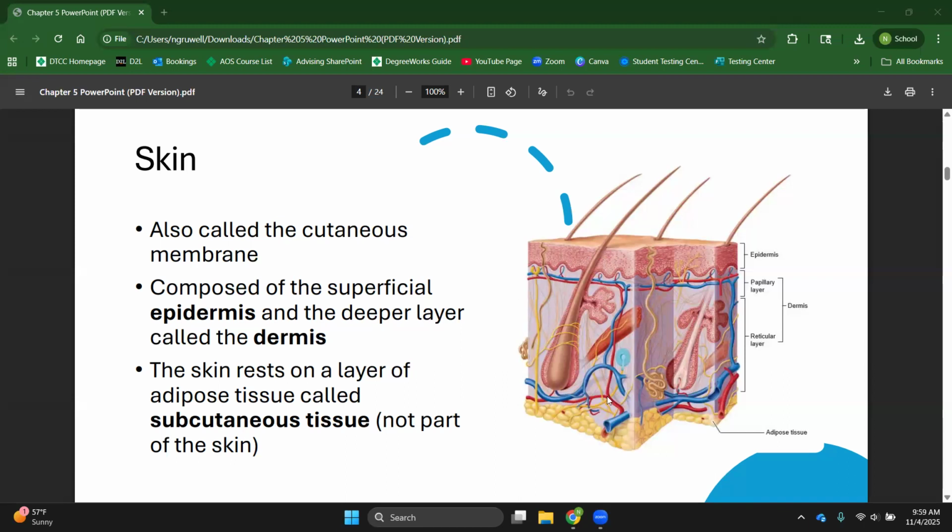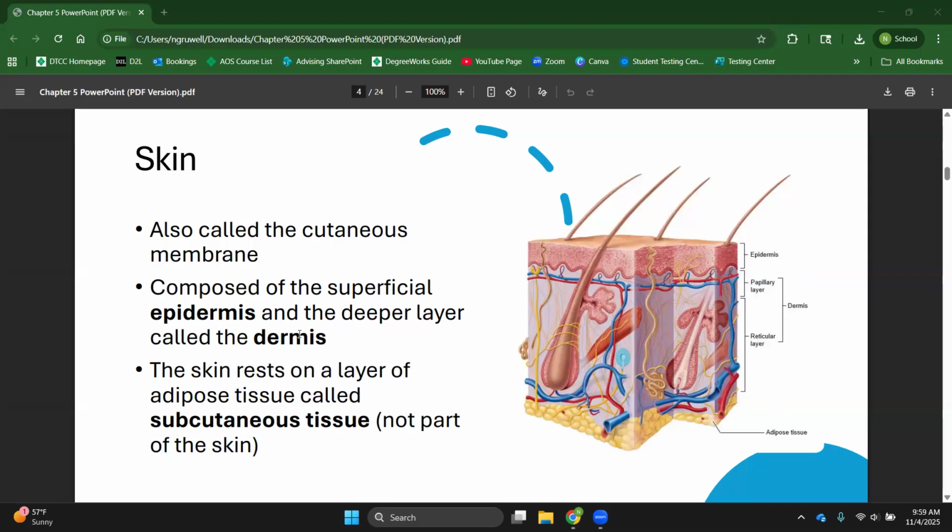Our deeper layer, our thickest layer, is the dermis, and you can see this is where we have a lot of our different blood vessels, our nerves, and all of our structures that go along with the skin. The skin is made up of only our epidermis and our dermis. We have subcutaneous tissue, which is sometimes known as the hypodermis, and it's really just fatty tissue that's not actually part of our cutaneous membrane.